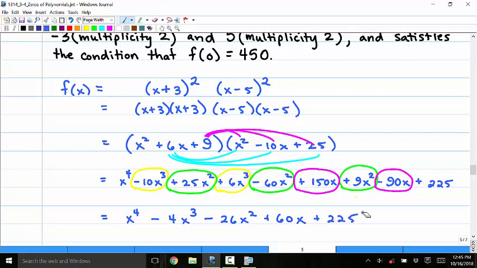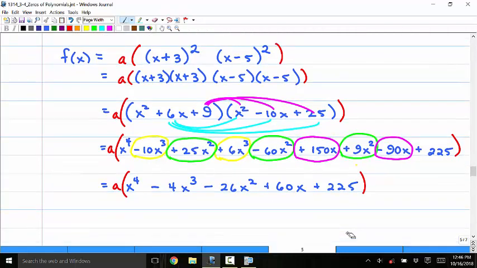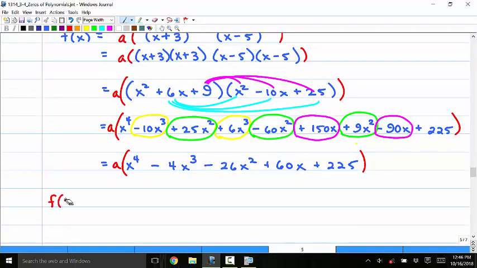All right. I also need it to satisfy the condition that f of 0 equals 450. If I were to plug 0 in for x right now, what would I get? I would get 225. I want 450. So this is how you do it. I say a times all of this. And now I want f of 0 to be 450.